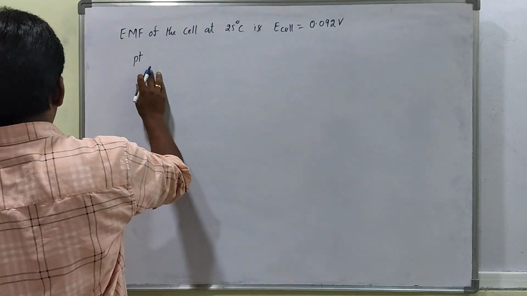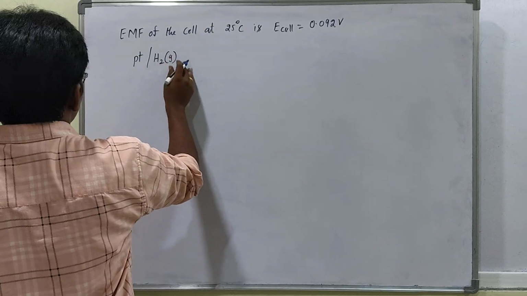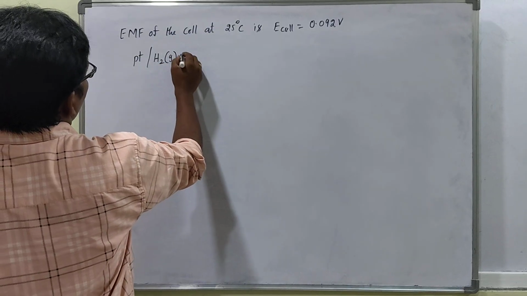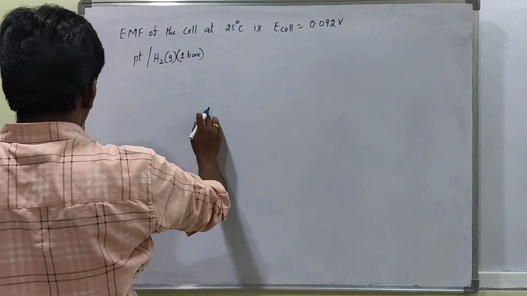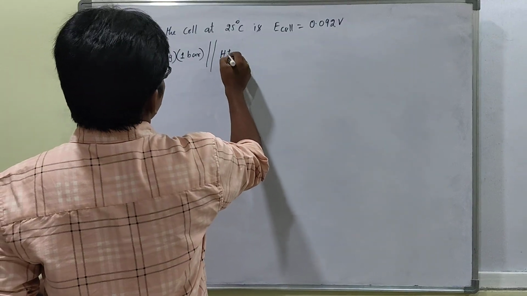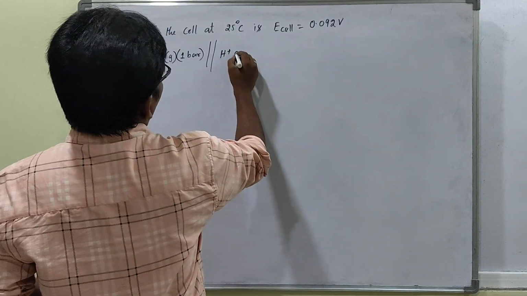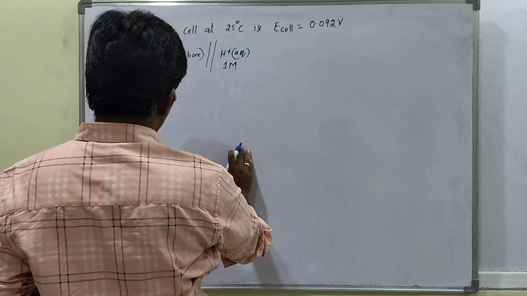Cell: Pt platinum, then H2 gas at one bar, then double line, then H plus aqueous, with its molarity also mentioned.